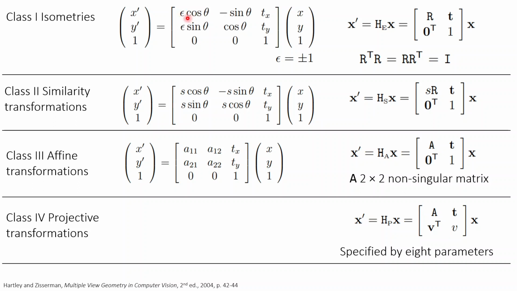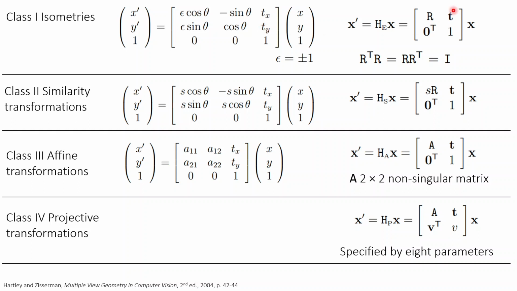Why? Because when we do this multiplication, cos theta multiplies with x, minus sine theta multiplies with y, and tx is added. So when you compute the new x coordinate x prime, you have x cos theta minus y sine theta plus tx. So tx is a translation in the x direction and ty is similarly a translation in the y direction.